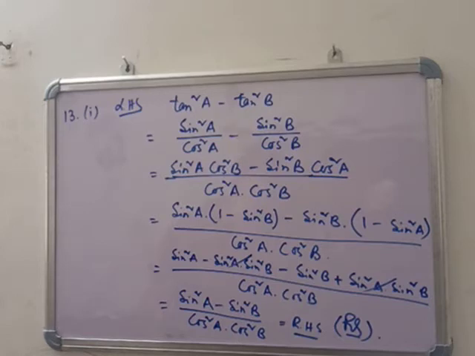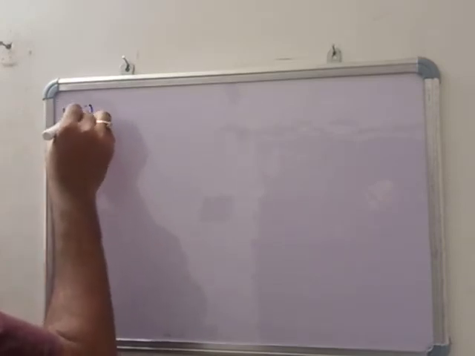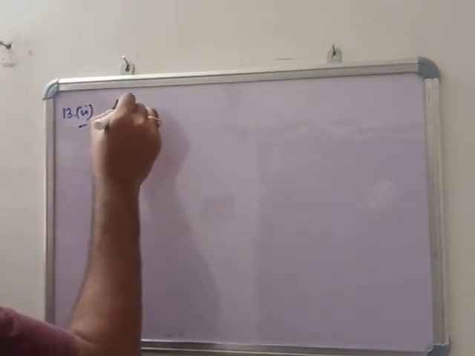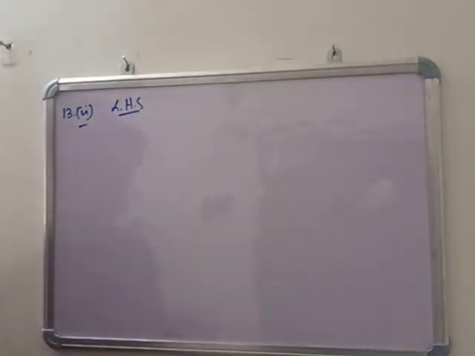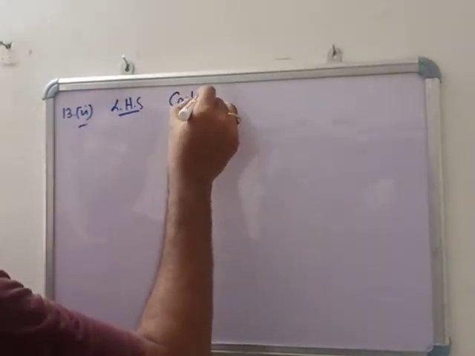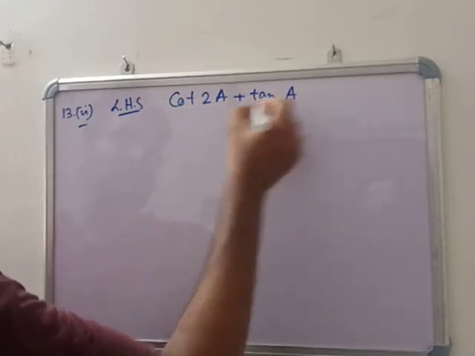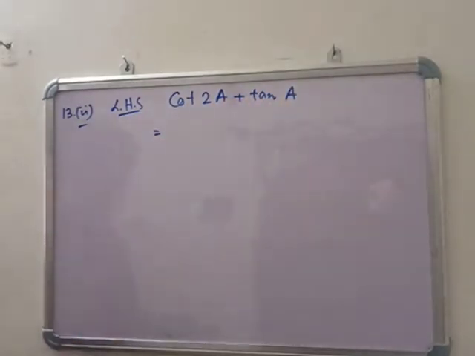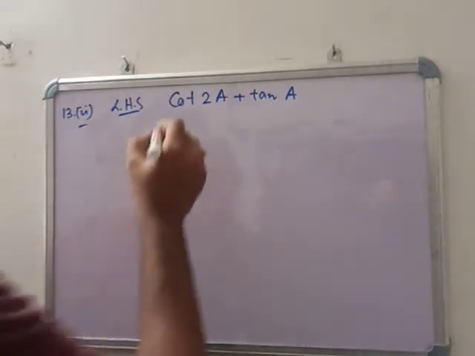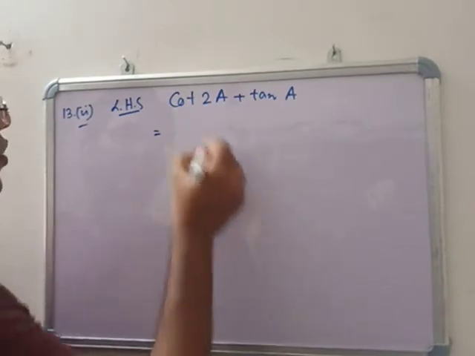Next one. Next in 13.2, see that in LHS given cot 2A plus tan A. So cot 2A means you can write cot(A plus A).